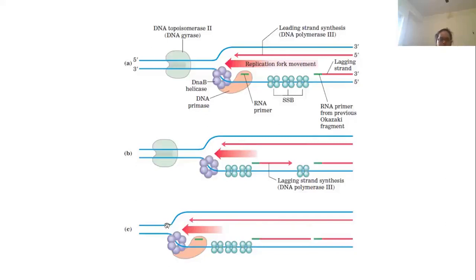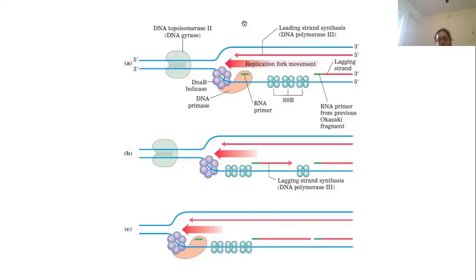Now you can see the replication fork is moving in this direction. The lagging strand is synthesized opposite to the direction of fork movement, and the leading strand is synthesized towards the movement of the replication fork. In this way it will proceed and complete the whole replication process.